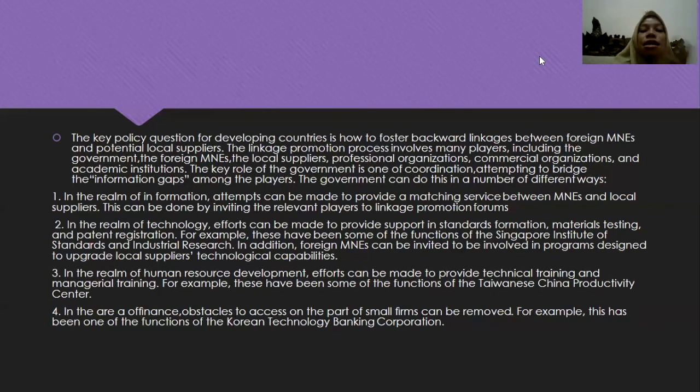For example, these have been some of the functions of Taiwan's China Productivity Centers. And the last, in the realm of finance, obstacles to access on the part of small firms can be removed. For example, this has been one of the functions of the Korean Technology Banking Corporation.